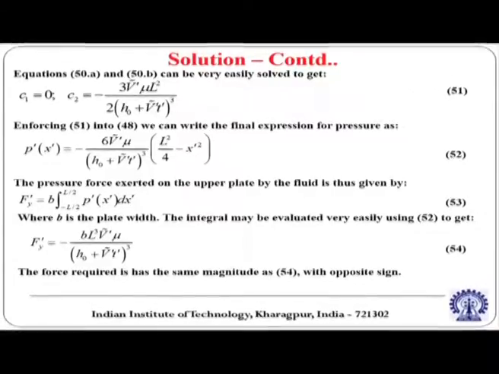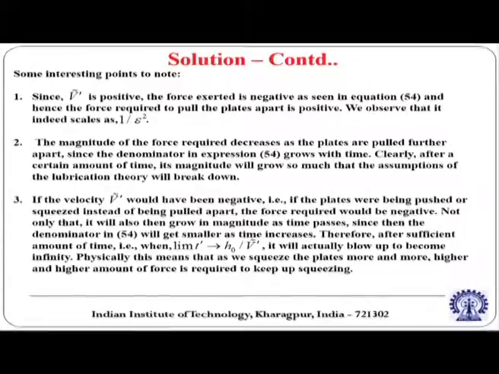Then the force will be asymptotically increasing, and as h tends to 0, the force will tend to infinity. So, it is extremely difficult to bring the two plates to such a situation when the gap between them is tending to 0. That is the physics that we get from the solution.